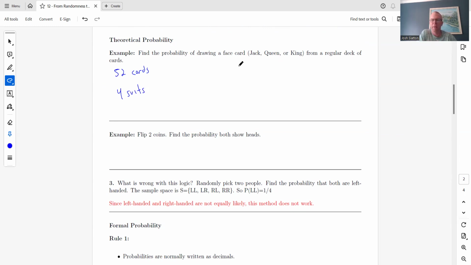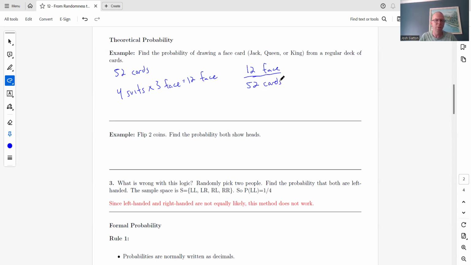You have 3 of these face cards per suit, so times 3 face cards. That would be 12 face cards altogether. So 12 out of 52 would be the probability you get a face card. So we say 12 face cards over 52 cards, and that would be our probability.